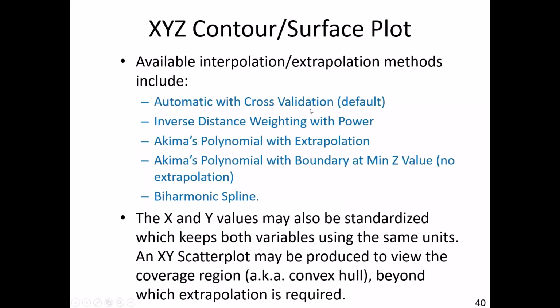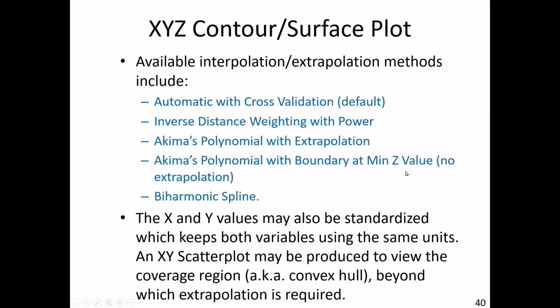Available interpolation extrapolation methods include automatic with cross-validation, and this is, by the way, what we recommend. Let the software do the hard stuff. There's inverse distance weighting with power. I'm not going to get into the details. By the way, in the appendix of the SigmaXL workbook, you have all the formulas and reference papers and so forth, getting into the mathematical details. Inverse distance weighting with power, Akima's polynomial with extrapolation, Akima's polynomial with a boundary at the minimum z value.